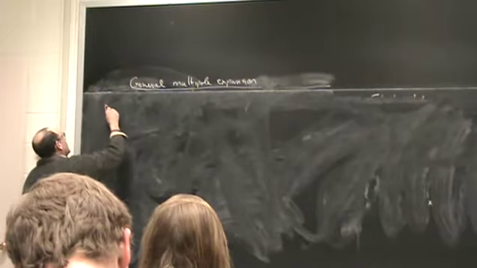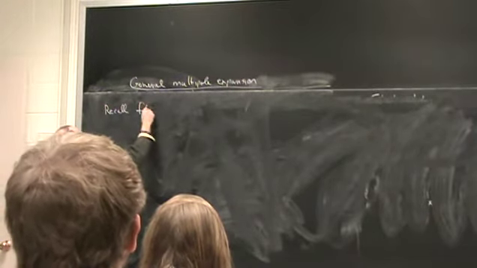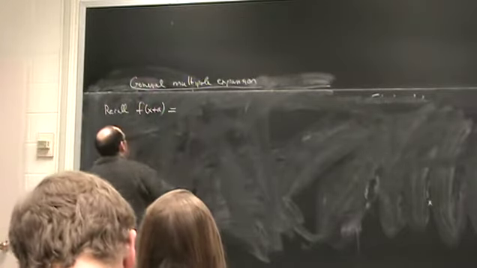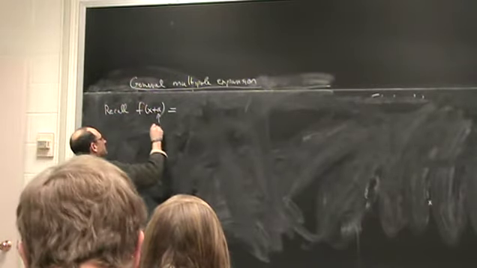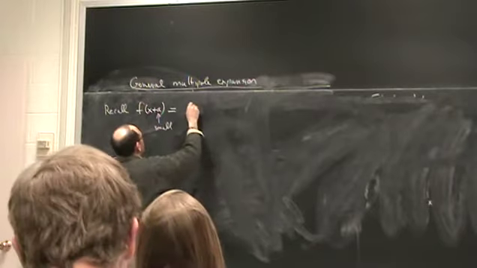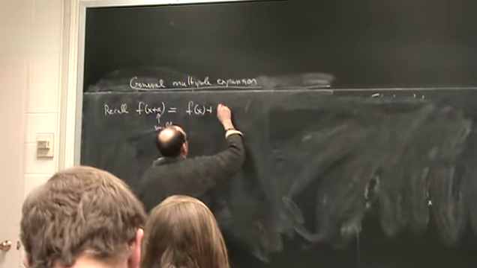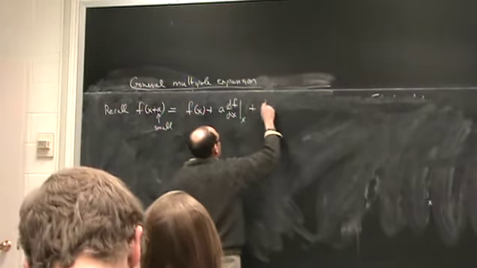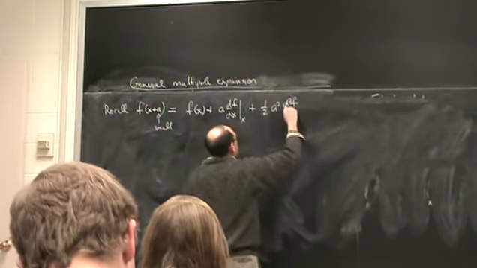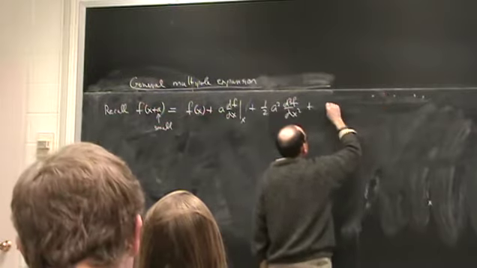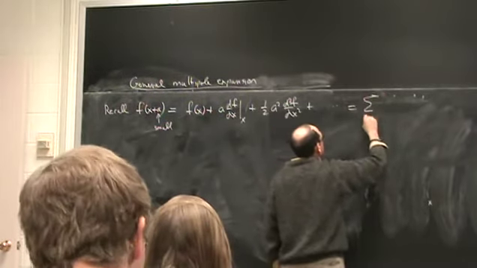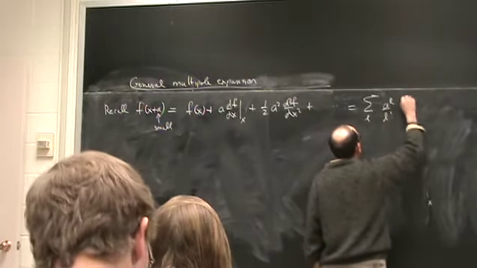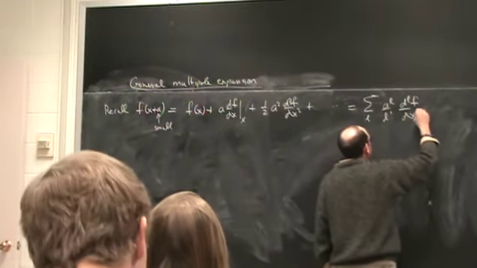So let's recall, if I have a function in one dimension and I'm expanding it in a Taylor series expansion where a is small, then this is equal to f of x plus a times the derivative of f with respect to x at x plus a half a squared, second derivative, etc. So it's the sum over L a to the L over L factorial, the Lth derivative of f with respect to x at x.